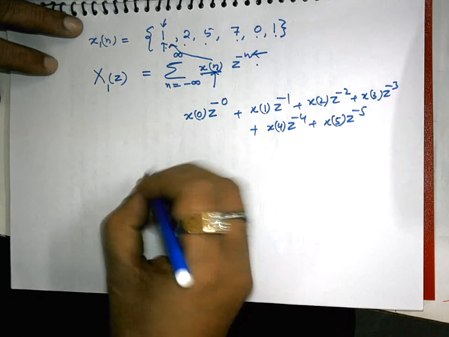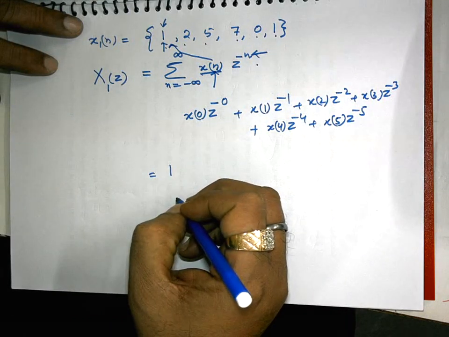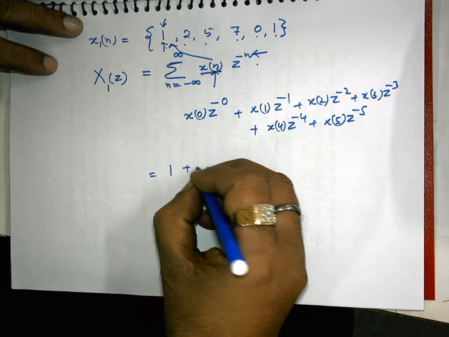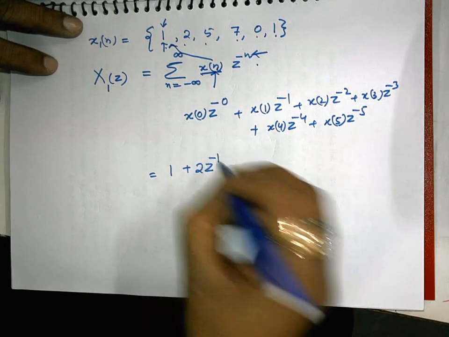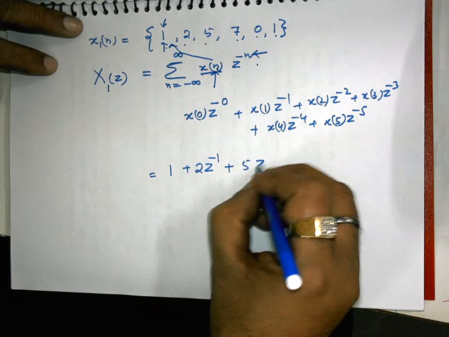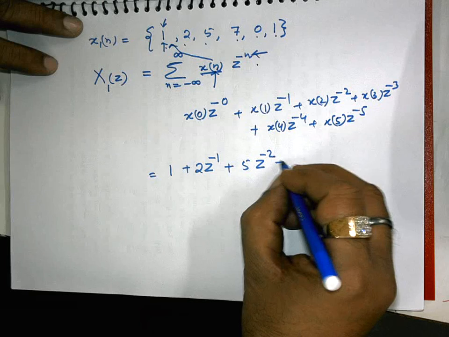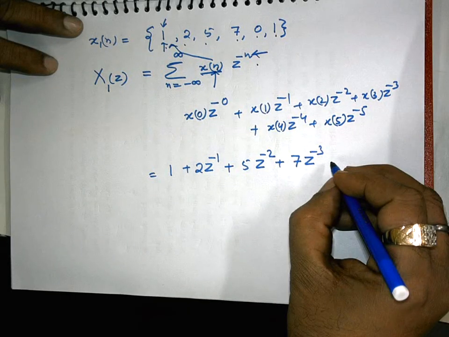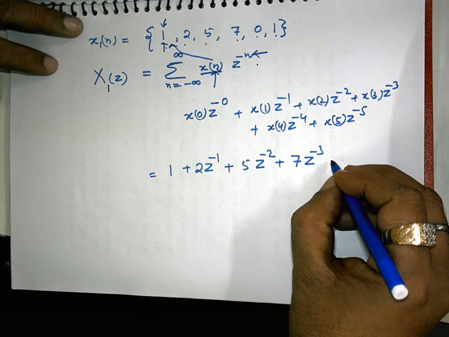Okay. So what is x(0)? It is 1, and z to the power 0 means 1, plus what is x(1)? It is 2, z to the power minus 1, plus 5 z to the power minus 2. Am I right? 7 z to the power minus 3, and 0 z to the power minus 4.